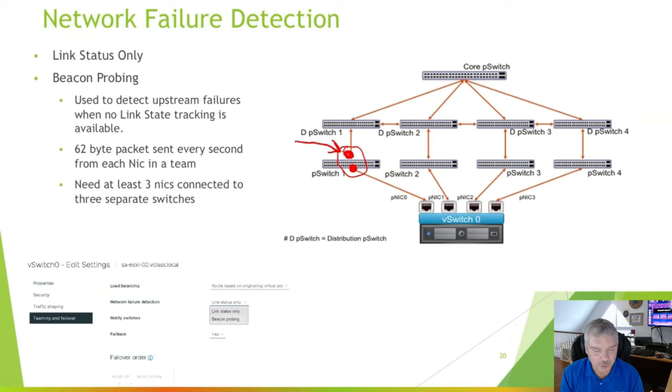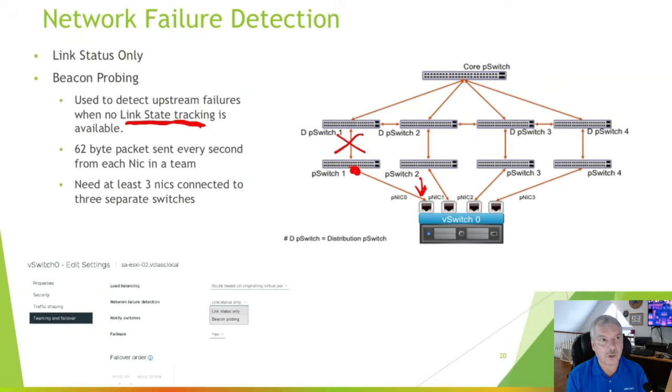And you'll say if this upper port here dies, turn off this port. So at this point, if this cable breaks, the switch knows to turn this port off. And at that point, this link light goes out and we detect the failure. So we're able to detect upstream failures if your switch supports link state tracking.